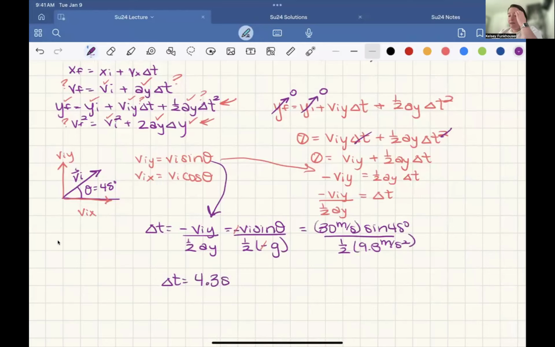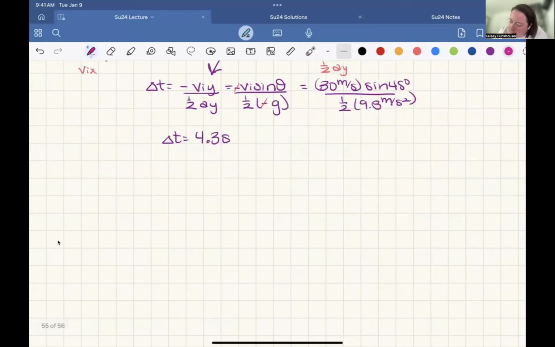So let's see, going back to the equation in X, let's see what our position in X is after 4.3 seconds. Let's see if it is that 95 meters that we need. So the equation is X final equals X initial plus V initial X delta T. And one thing we can say is that the initial position is 0.